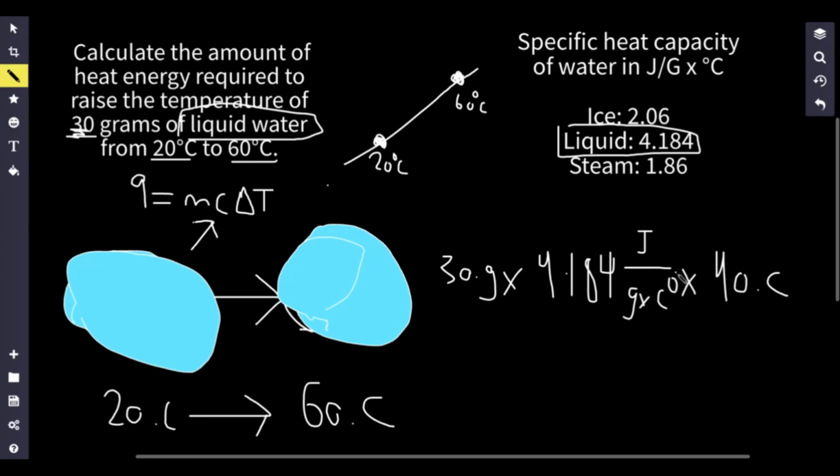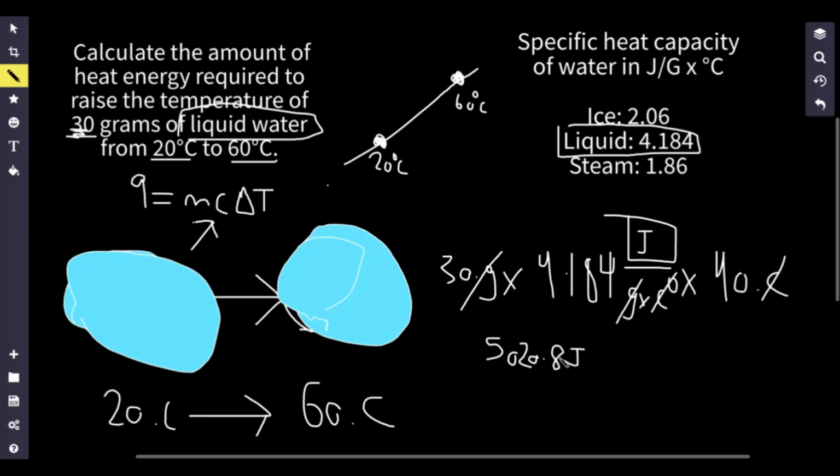Now you see how our Celsius cancels out, our grams cancel out, we're left with joules, and that's what we want. So if I just get a calculator, 30 times 4.184 times 40, we are going to get 5,020.8 joules.